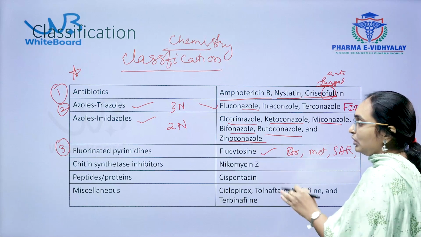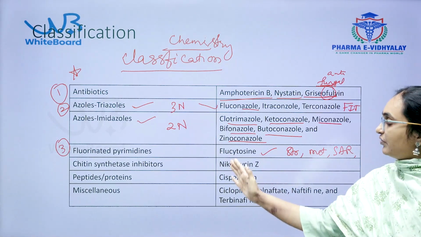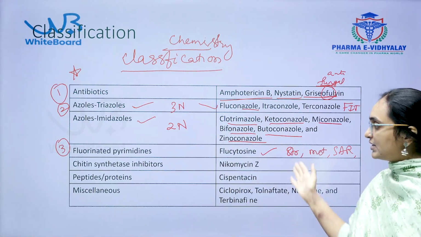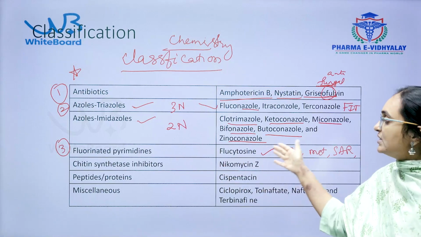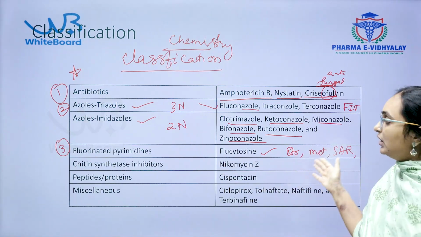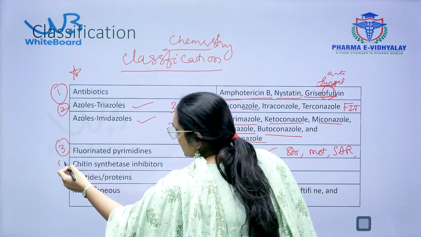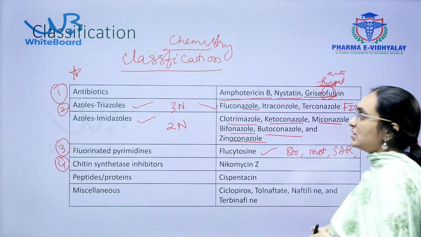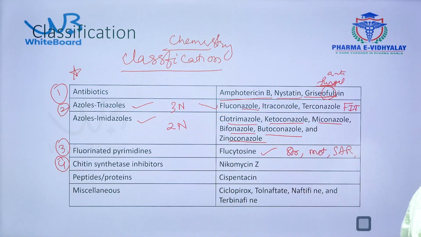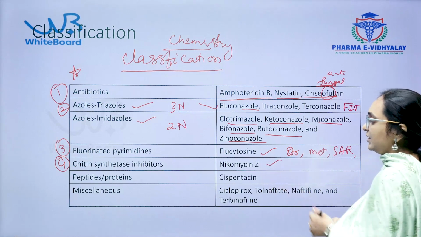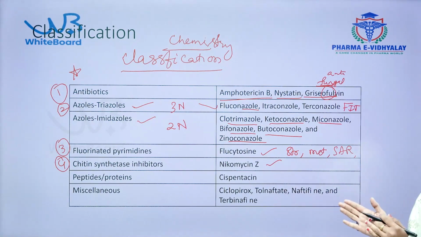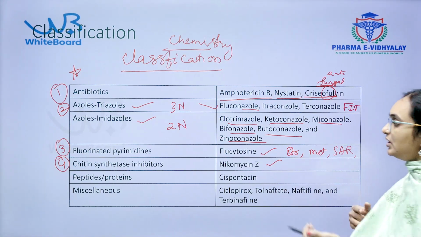This is only the classification part, classes of drugs and examples. Flucytosine is also an antifungal agent. Next is chitin synthetase inhibitors, example nikkomycin Z.